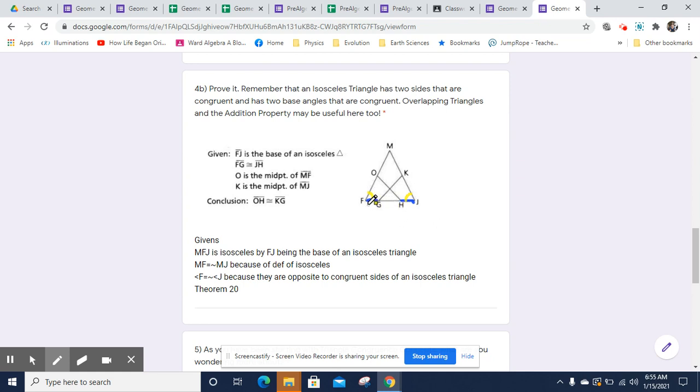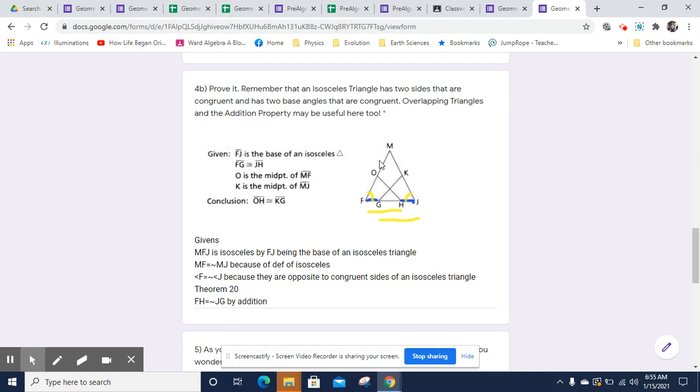Now, we also could prove that this side, so we could prove that FH is congruent to JG, by addition, because we would be adding the same thing to two congruent pieces.